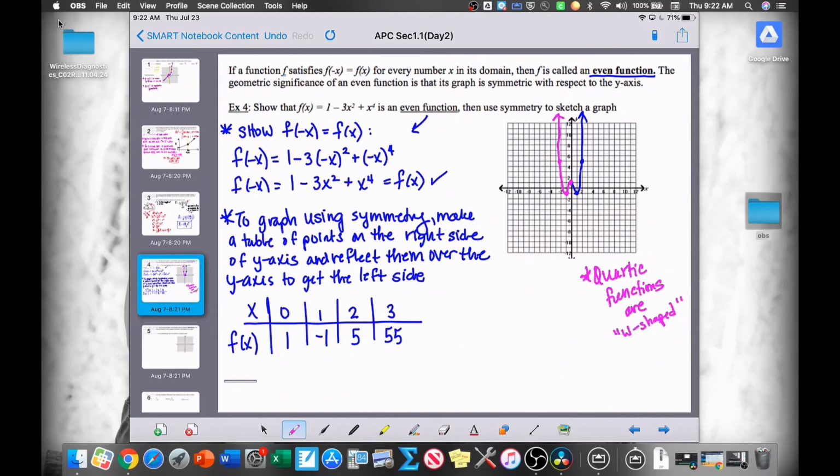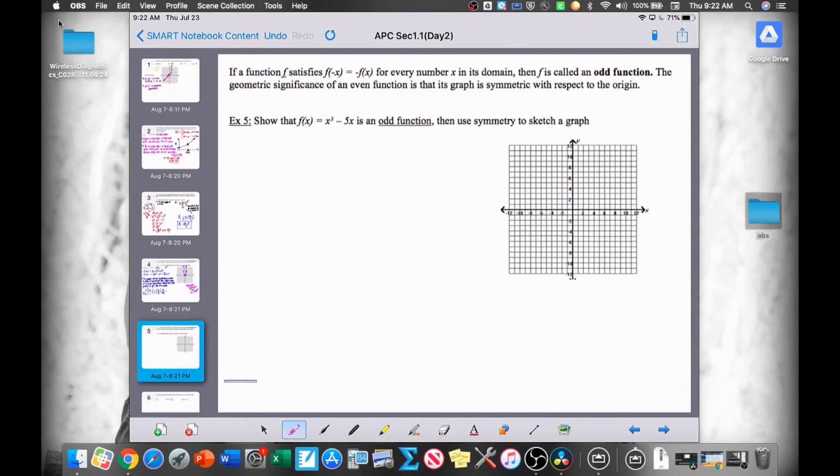Okay. All right, moving on. We just discussed functions that are even. What about functions that are odd? Well, the rule is that if a function f satisfies f of negative x equals negative f of x, that is, plugging in a negative x value changes all of the signs of the terms in the function to the opposite of what they were, then f is called an odd function.